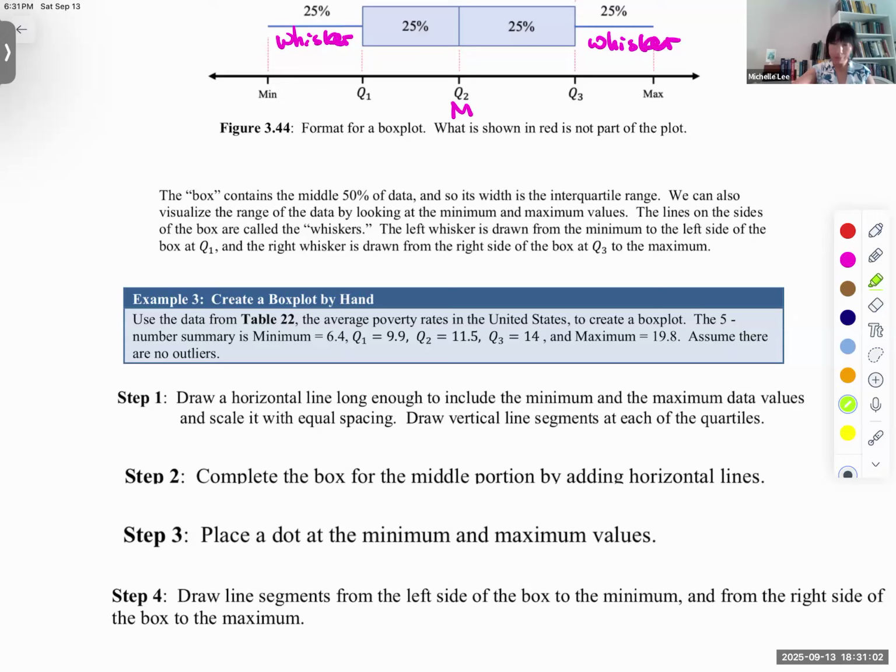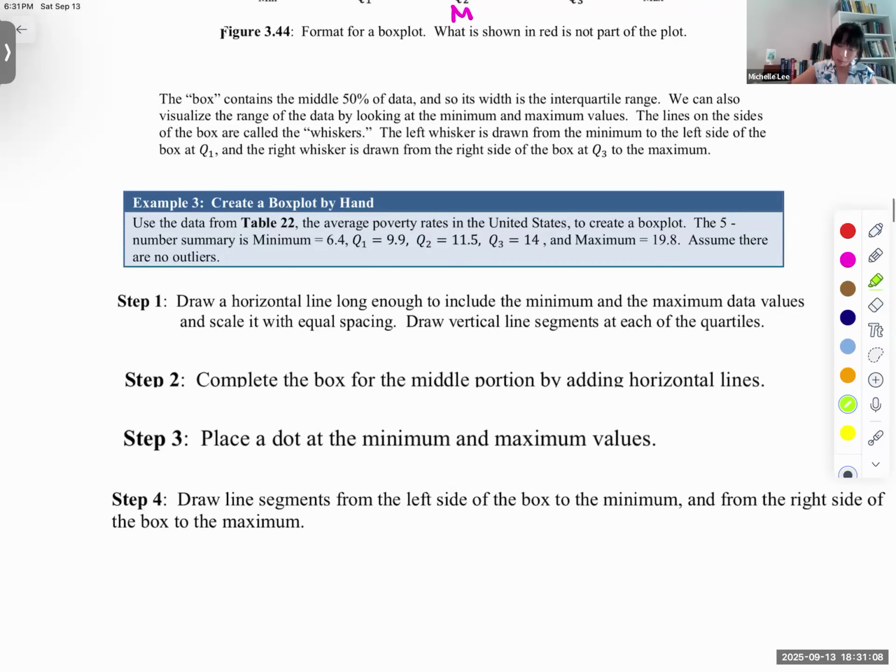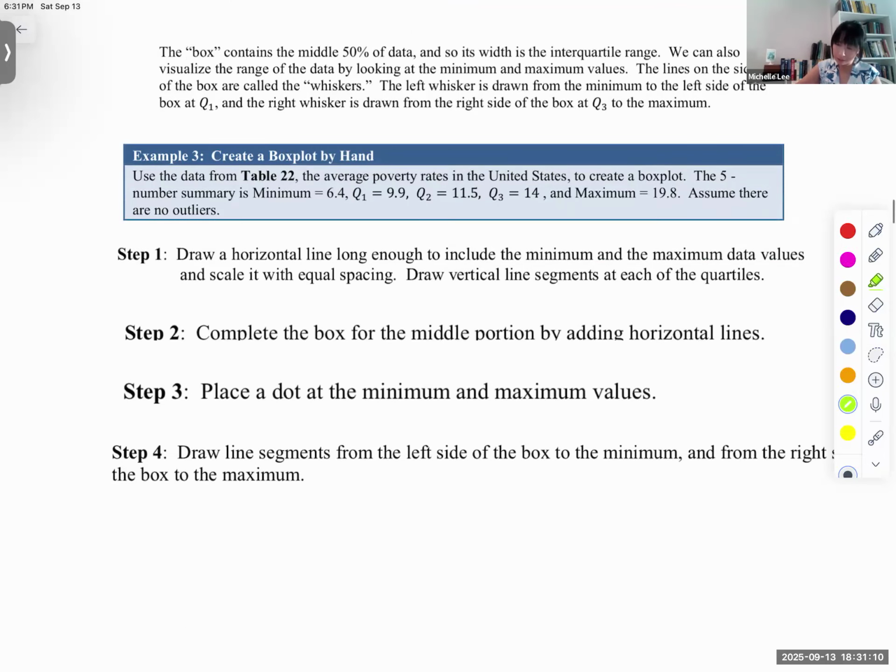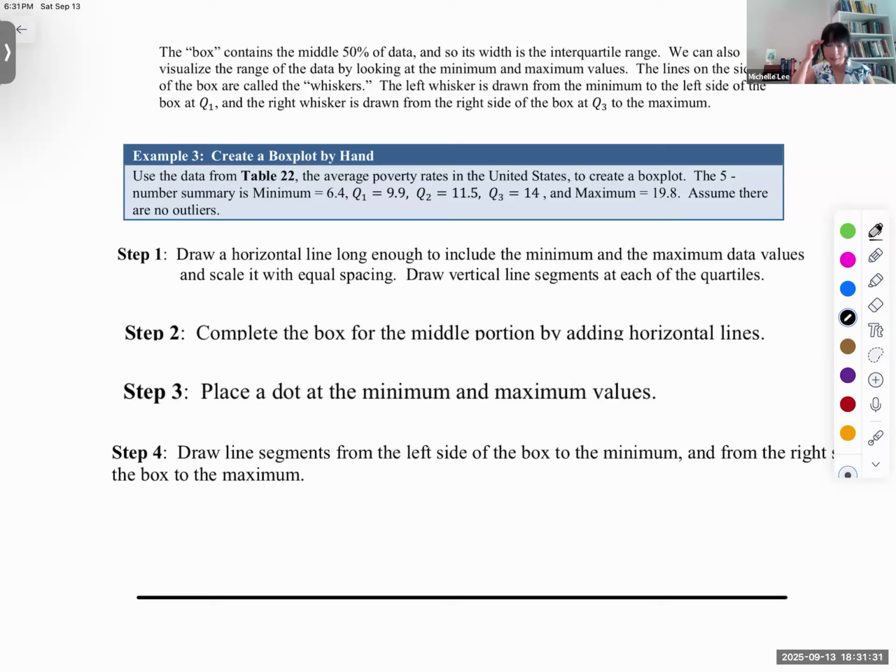Hold on 1 second. Let me draw. So step one says draw a horizontal line and include the minimum and maximum data and scale it with equal spacing.